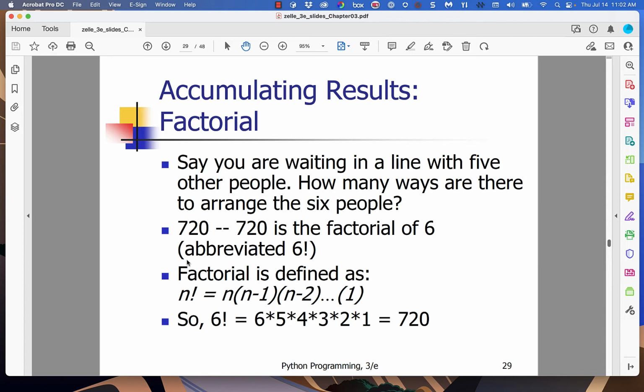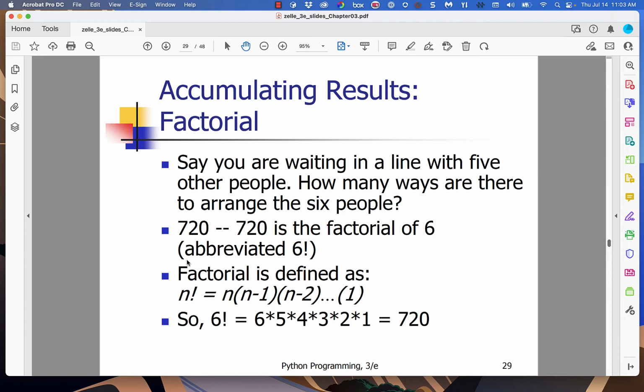Now we've gotten away from quadratic equations and we've introduced the idea of factorial calculations. You can take an integer and say you want the factorial of it. So the factorial of 3 is equal to 3 times 2 times 1.